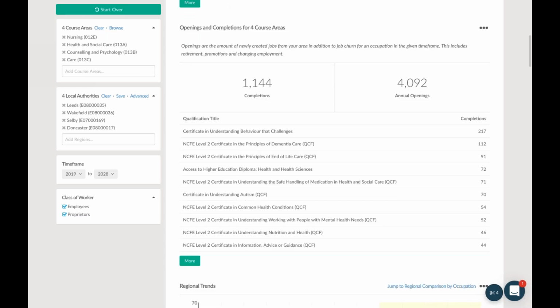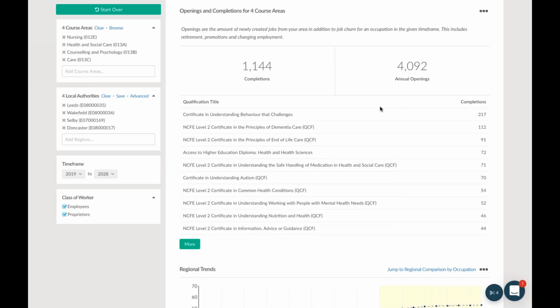If you understood your curriculum better, you'd be able to look down here, see the particular courses we've pulled into this, see the number of completions, and then see that against the number of annual openings. Clearly here, if we were using real data, there would be a good opportunity to add more people into this marketplace, really strong annual openings, and we're only running almost 25% of that in terms of completions.